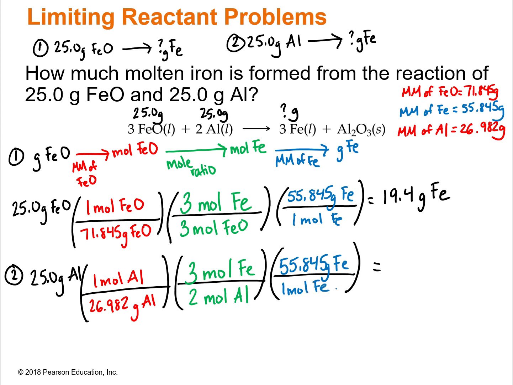That last unit factor should be the same for both of these problems because we're taking the moles of iron and converting it to grams of iron. Now we decide which one makes the least amount of product.